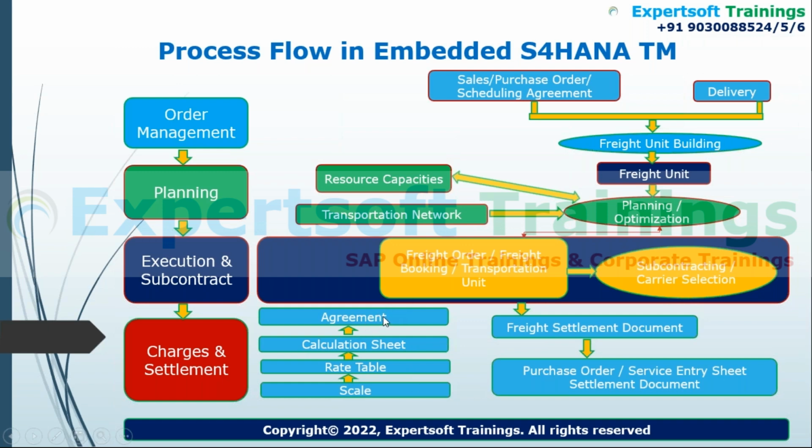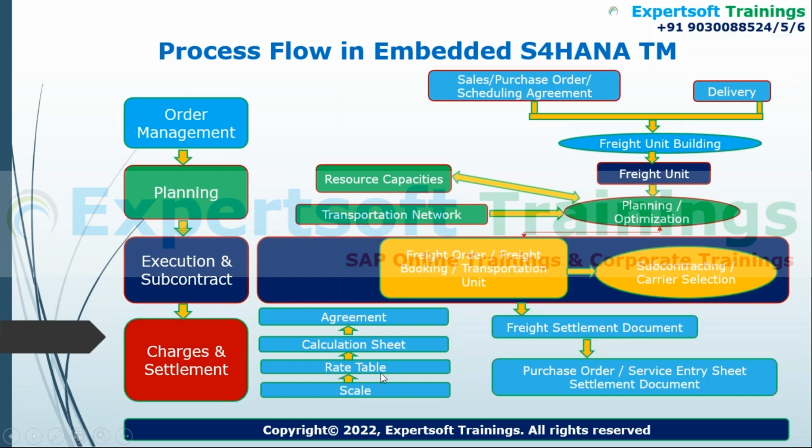And then based on the agreement between the shipper and the carrier, you need to maintain a carrier and a purchase organization in the agreement. When the purchase organization and the carrier in the agreement match those of the freight order, charge calculation automatically happens here. There can be two reasons where the charge calculation is not happening. First of all, the organization data which you maintain in the agreement may not match the freight order.